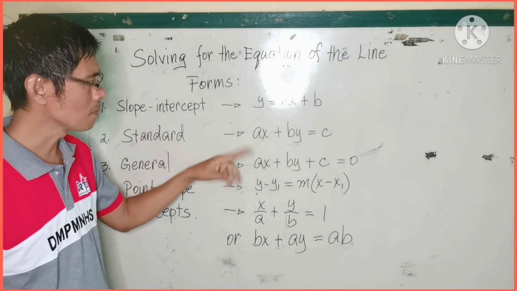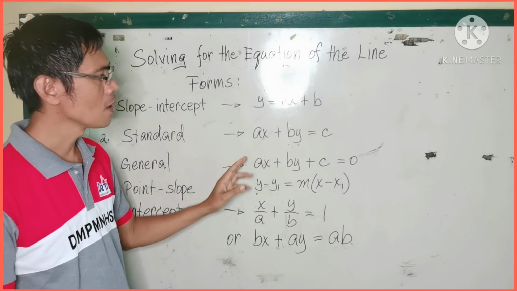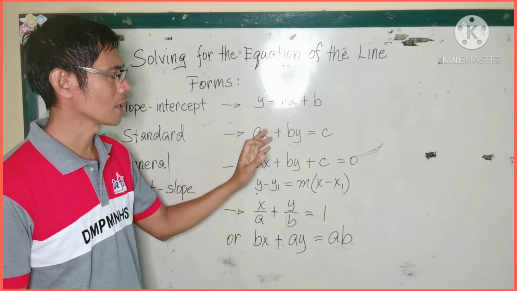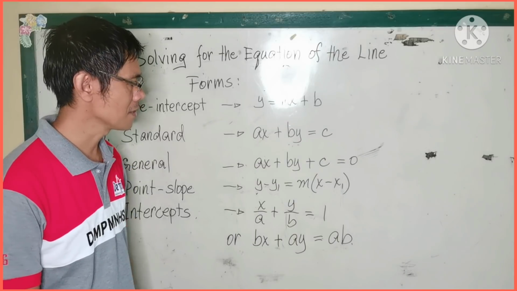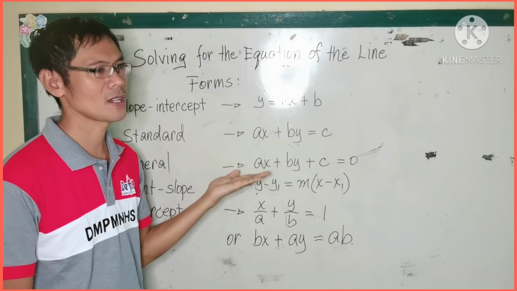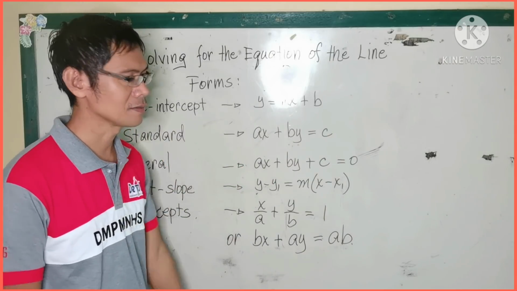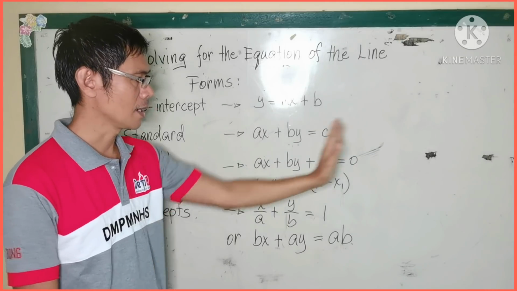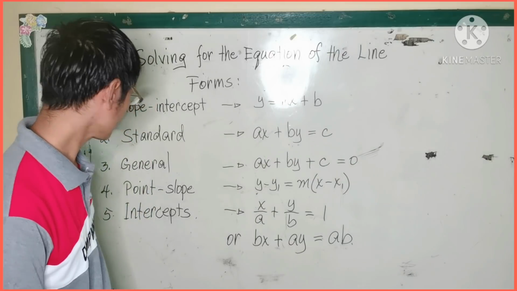If we compare the standard form and the general form, in the standard form the constant term is located at the right side of the equation, while in the general form, all terms are placed at the left side of the equation, and it is equated to 0.